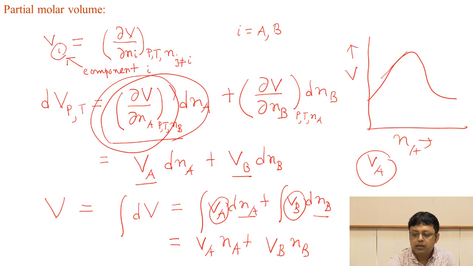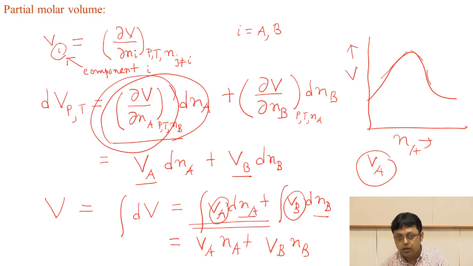That slope is actually changing. So the approximation which we made, that Va is constant during this change, is not a correct approximation. All we are saying is that within a small range, maybe we can assume that this slope does not change.